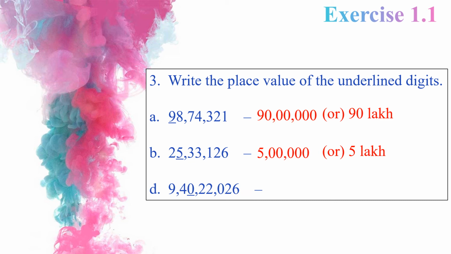The D question, 9 crore 40 lakh 22,026. In this question, the underlined digit is 0 and it is placed in lakh place. Therefore, we need to multiply 0 into 1 lakh, which is equal to 0. Therefore, the place value of the underlined digit in the given number is 0.